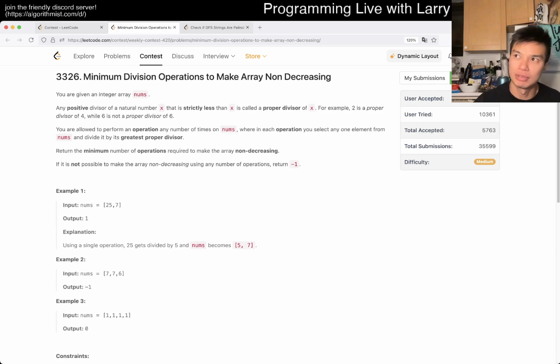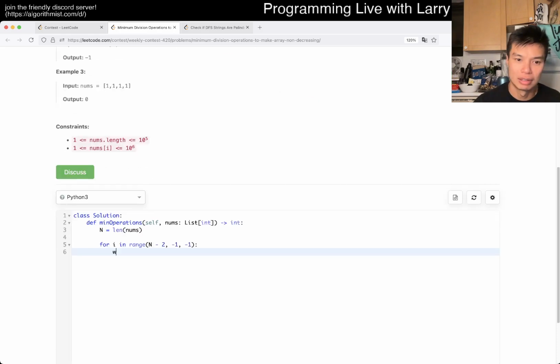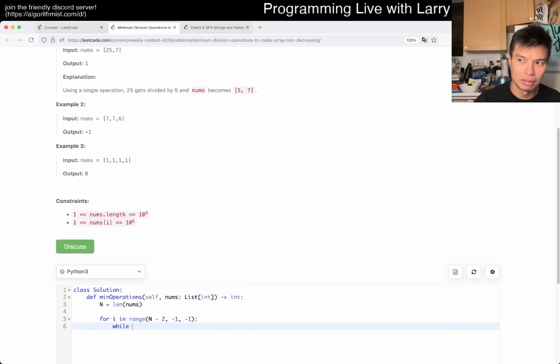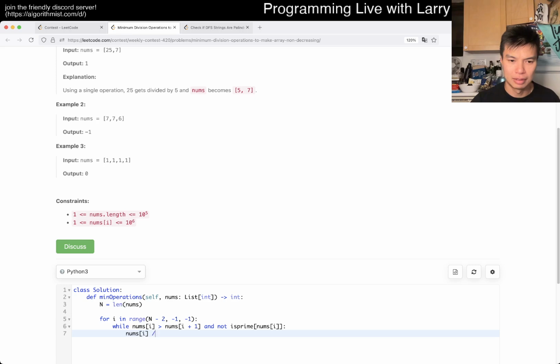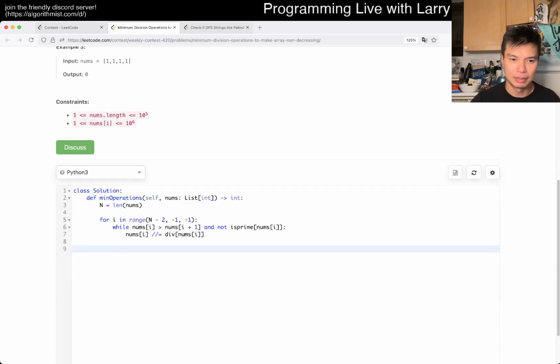You have to find the greatest proper divisor. So now, while this is not prime, then nums[i]... Okay, and now if nums[i] is still greater than the next, then we return -1, otherwise, we're just good.